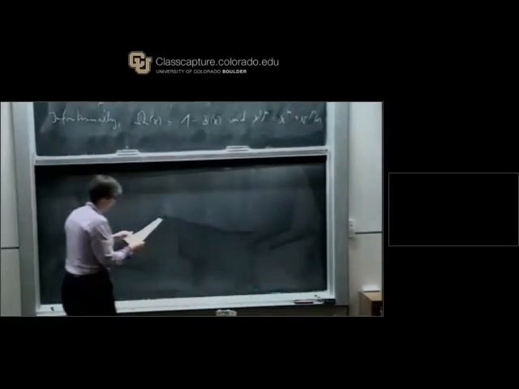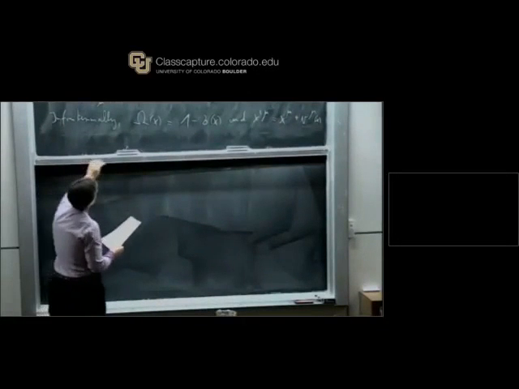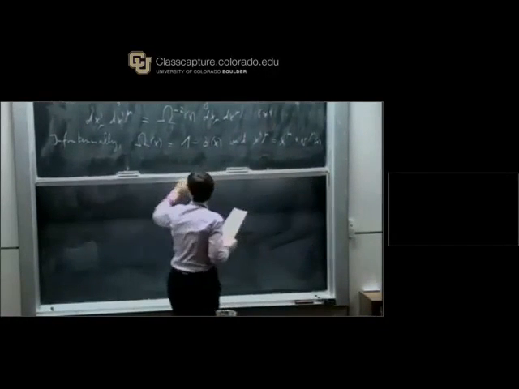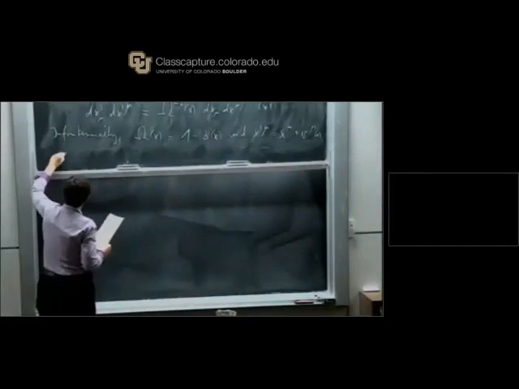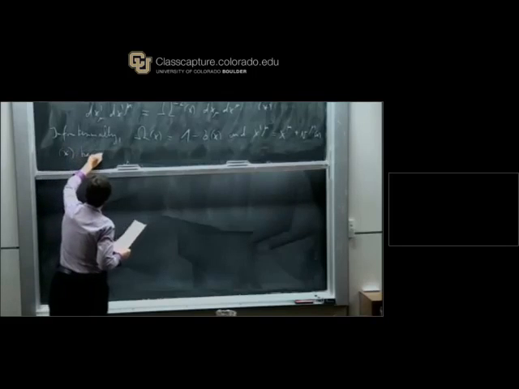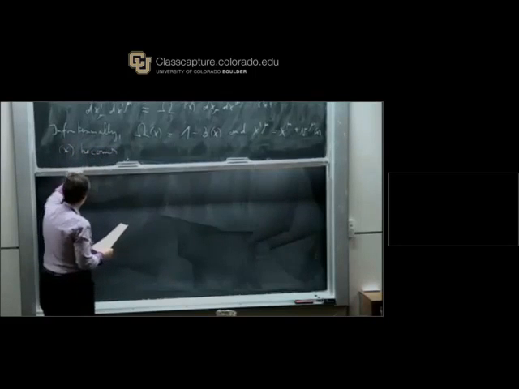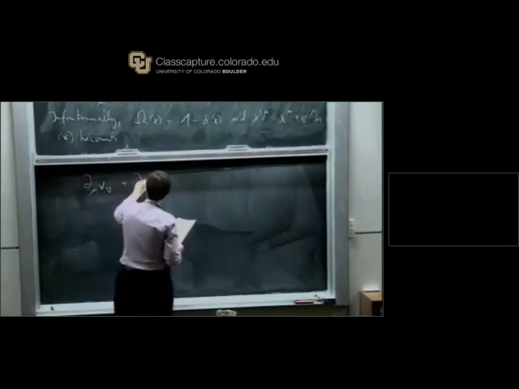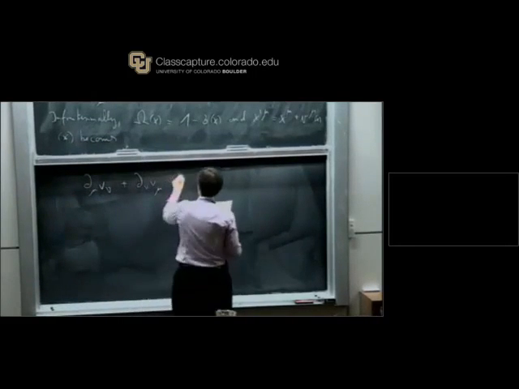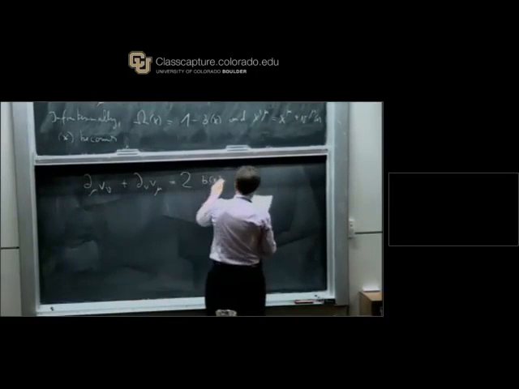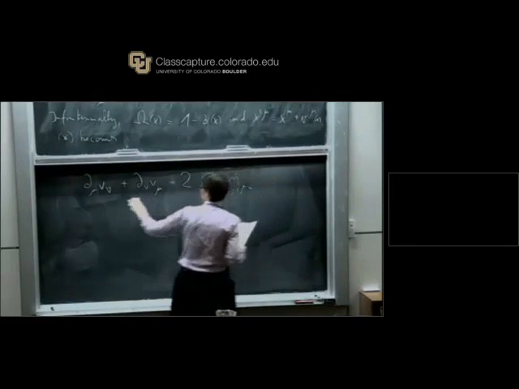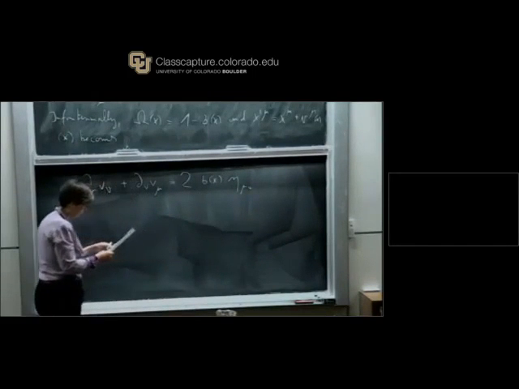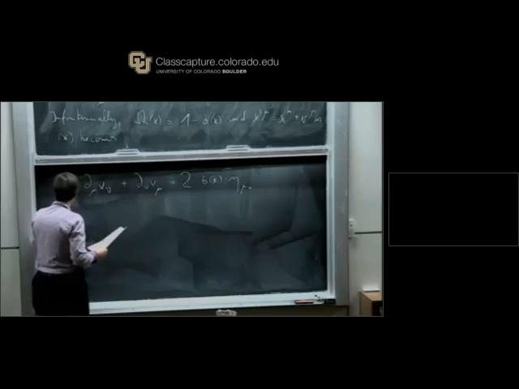If you insert this into this equation, let me call this star, then infinitesimally star becomes the so-called conformal Killing equation, which looks like this. You have these derivatives acting here, and then you have this function sigma. This is called the conformal Killing equation.